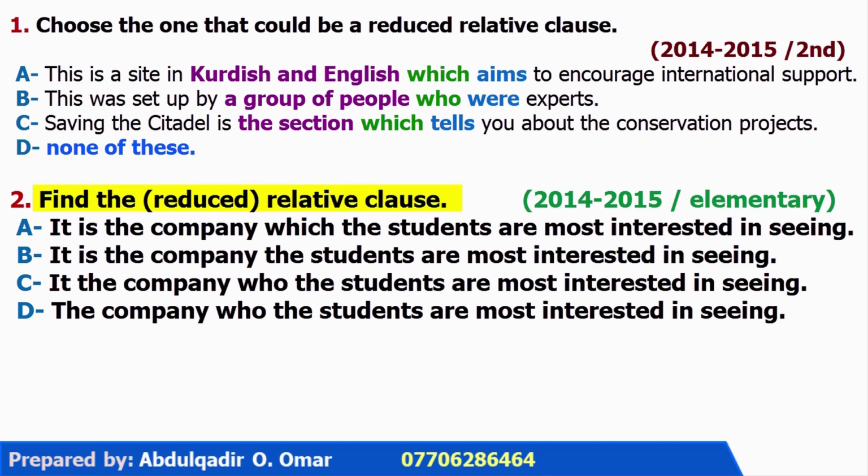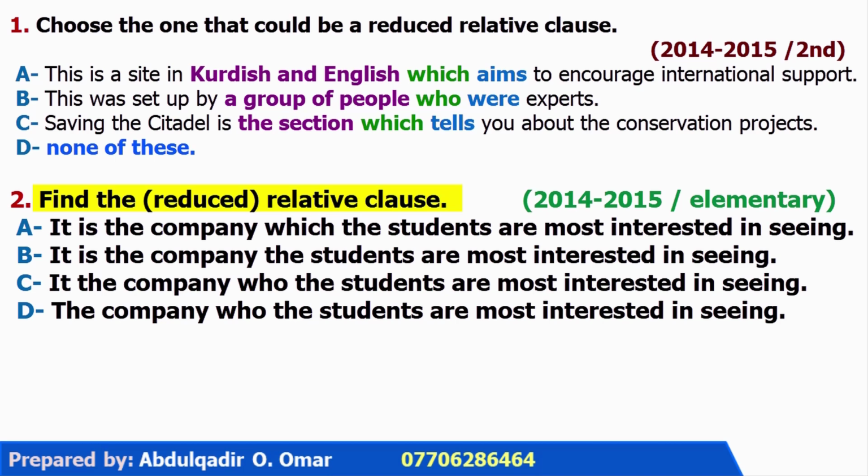This question tells us to focus on the choice from which the relative pronoun is reduced. That's an easy one. In this case, just look for the one that lacks or doesn't contain a relative pronoun.